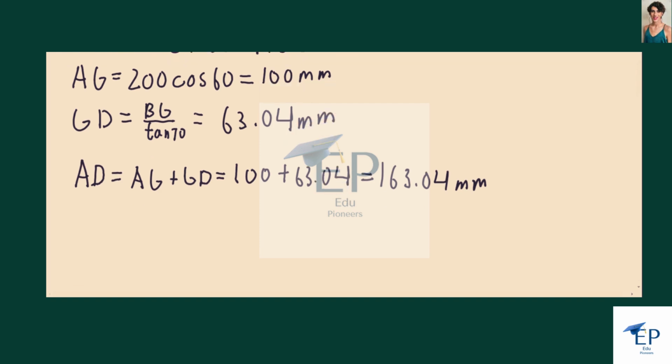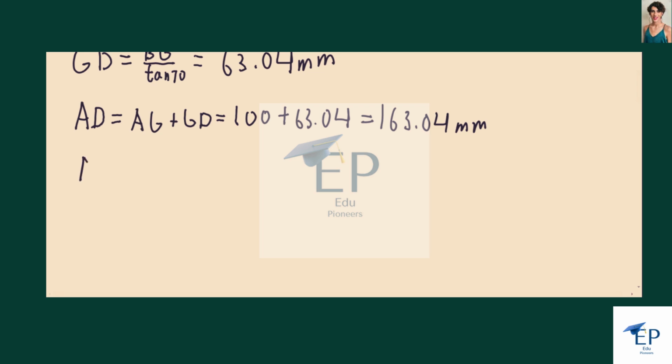And next we'll find the length AH, which will be equal to the length AG plus the length BC times the cosine of 15, which will be equal to 486.4 millimeters.